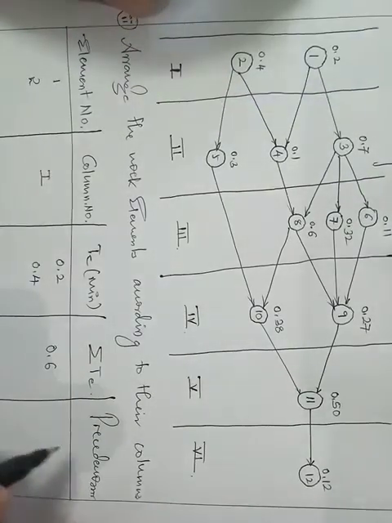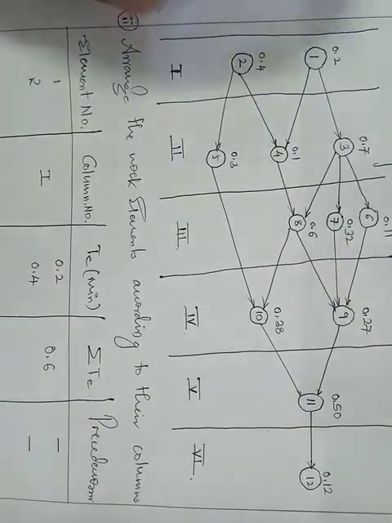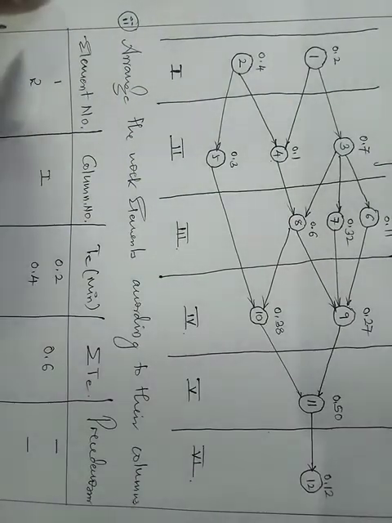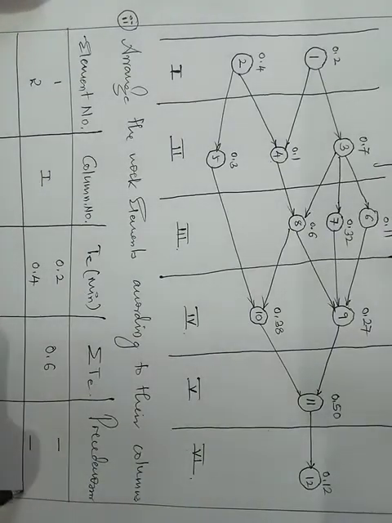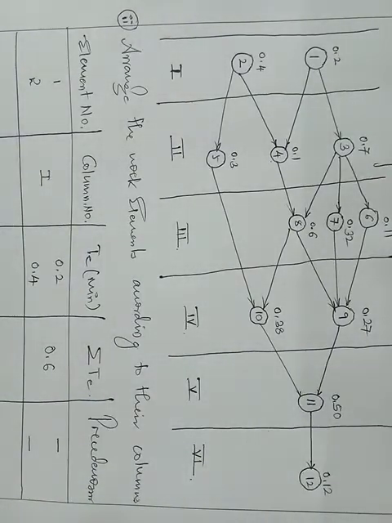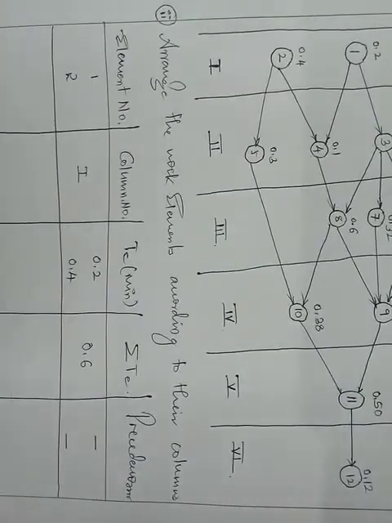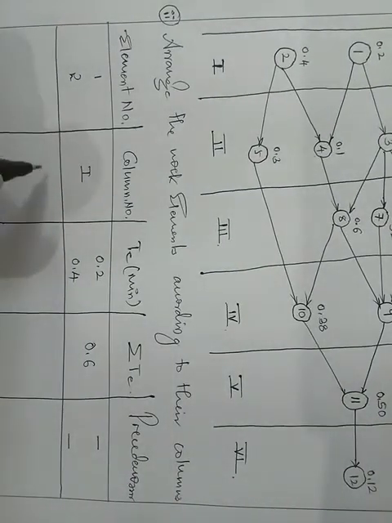Both do not have any precedence, so please put a dash mark. Okay, once you are done with this part, please draw a horizontal line. Why are you drawing a horizontal line? Because this is the end of column number 1. Column number 1 work elements you have accommodated. Next, go for column number 2.